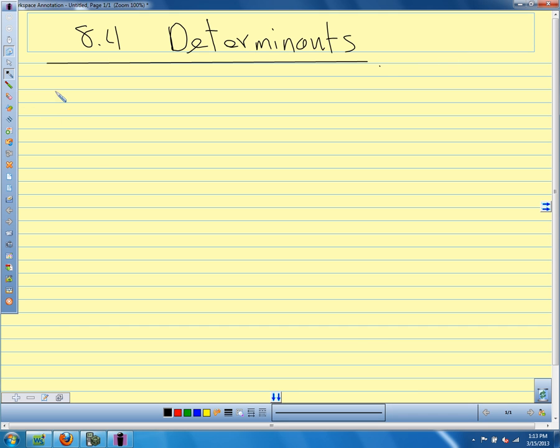So first off, determinants are only defined for square matrices. So we can only find determinants of square matrices.